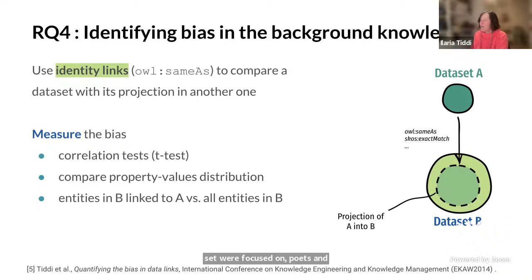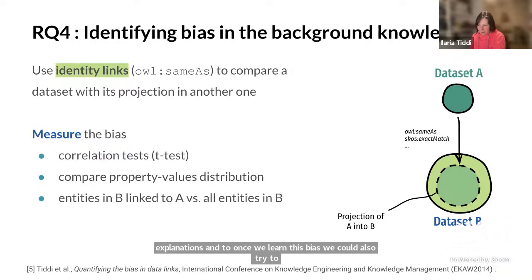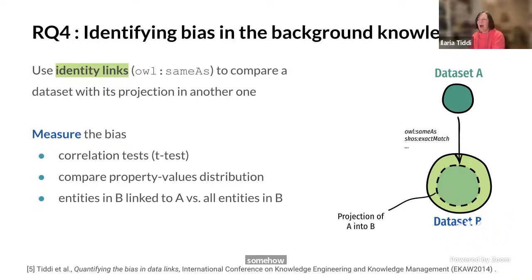So it was a way to try to measure the bias in the datasets that we were using to generate explanations, and once we learned this bias, we could also try to somehow input this information in our system and generate better explanations.